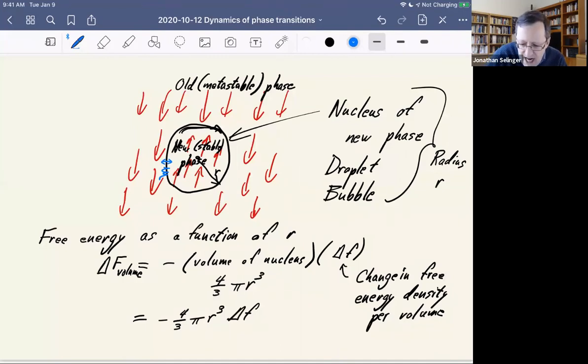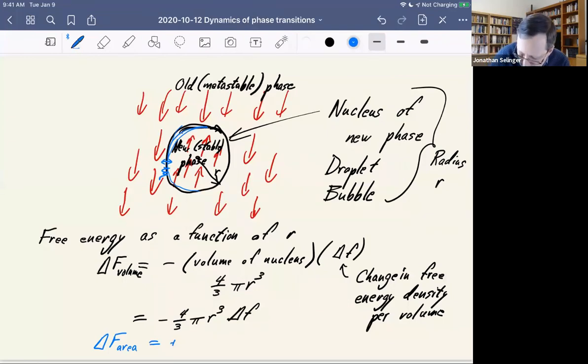And we have an excess free energy associated with the area of the interface. The area, that is, how much of an interface there is going across. So that makes a delta F associated with the area, which is a positive number.